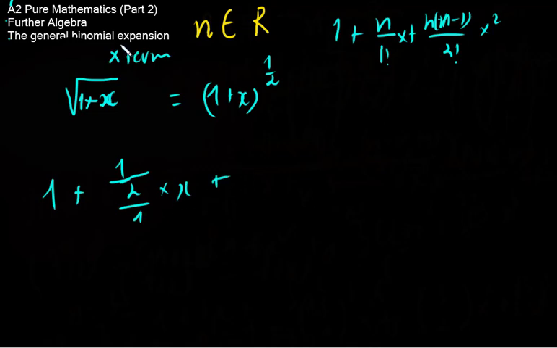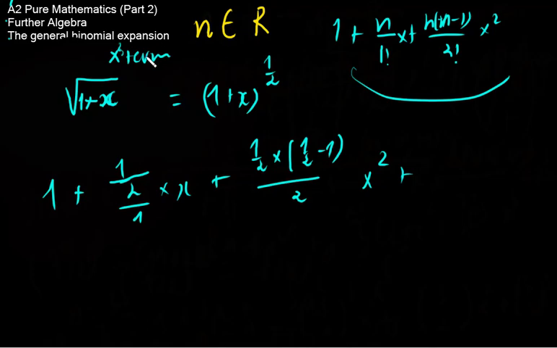If we were to put it to x squared, this will be 1/2 times 1/2 minus 1 over 2 x squared. And this is the cube term, continuing this trend and following the formula. Usually they won't ask you for more than the cube term. And so that is the basic idea of a general binomial expansion.